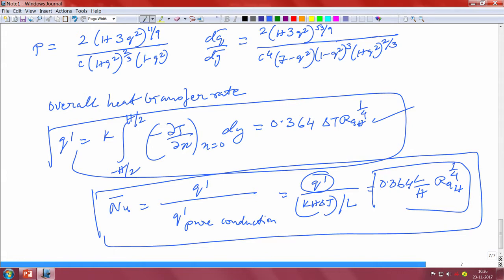Okay. So, the result is particularly significant, because when Gill actually solved these two equations, that is p bar and dq bar by dy bar, he used what we call an arbitrary condition. Okay. So, let us write that arbitrary condition.